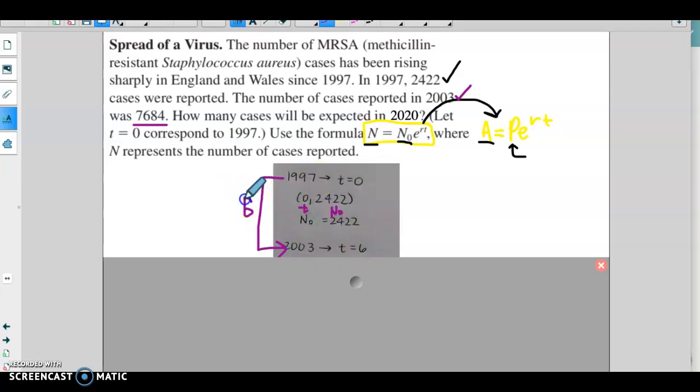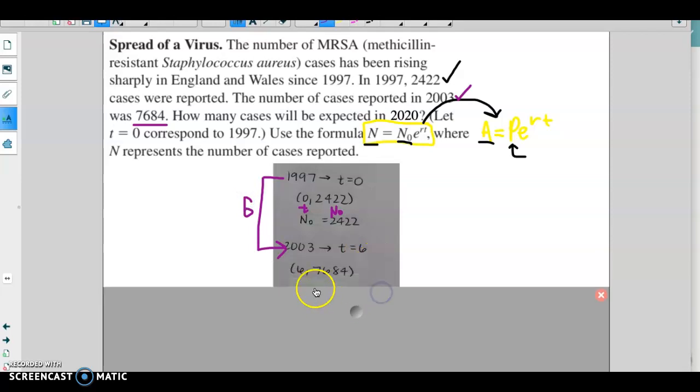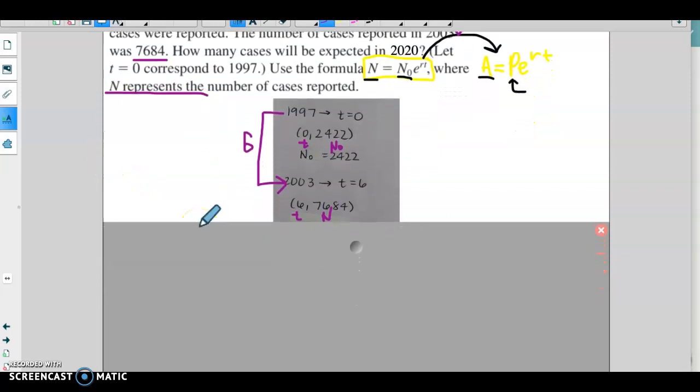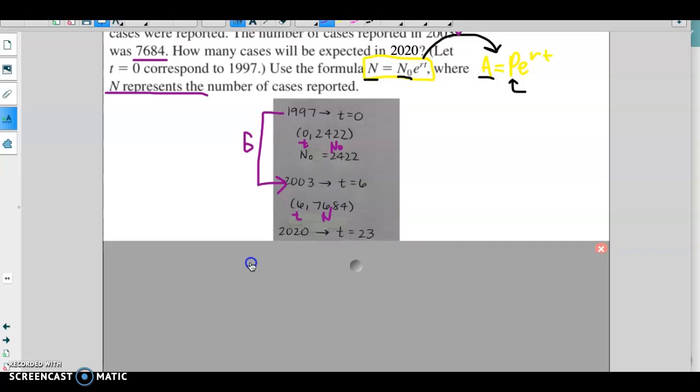There's a 6. So that's how t equals 6. I can write that as another ordered pair when my time is 6. My N value, my total number of cases, is 7,684. Again, so far I'm pulling out information.